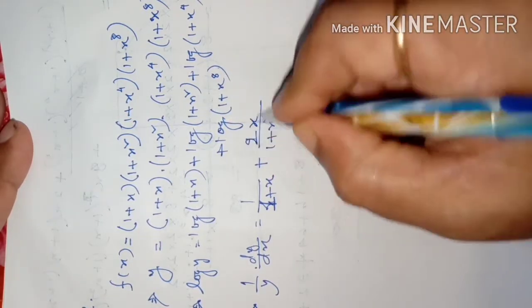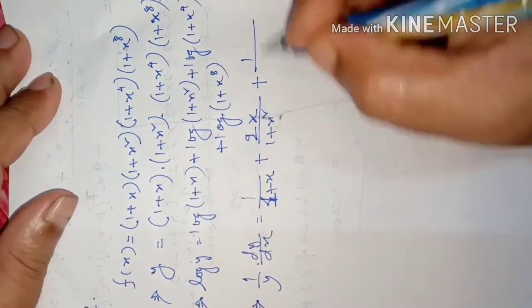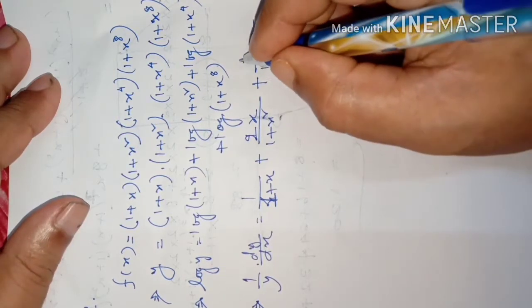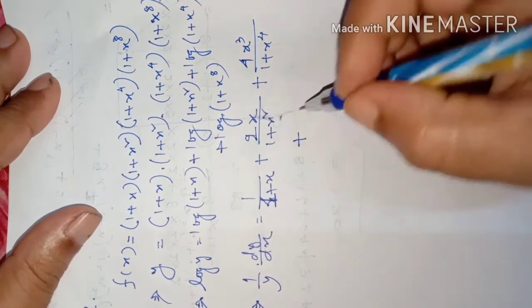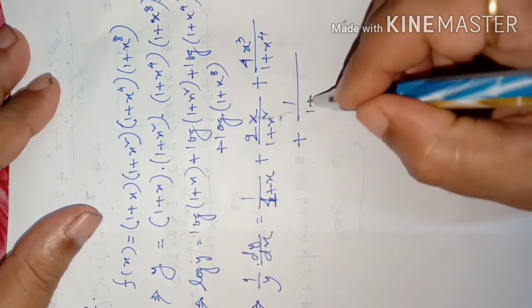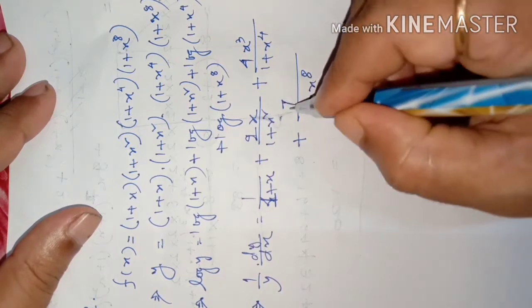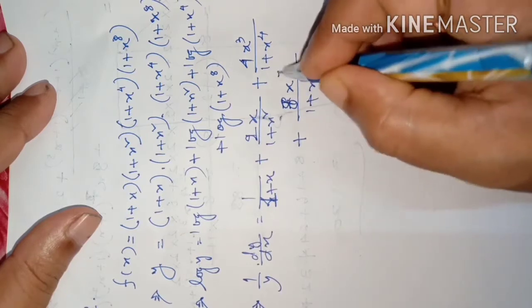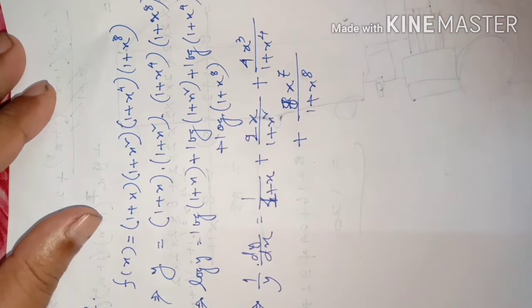Plus 1 by 1 plus x to the power 4, then derivative of x to the power 4 is 4x cube. Plus 1 by 1 plus x to the power of 8, and derivative of x to the power of 8 is 8x to the power of 7.